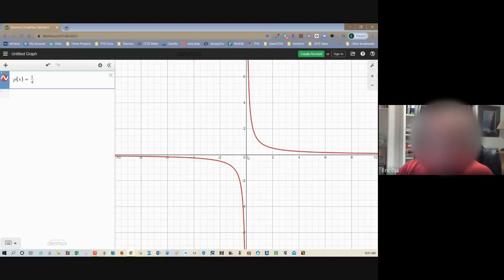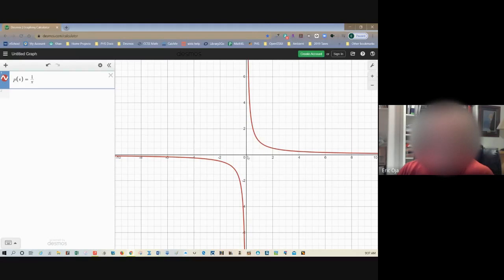And the most important point on the function is actually the point at 0, 0, because that's the intersection of the two asymptotes. And then it just goes through the point 1, 1, and it's got this reciprocal behavior where as x gets bigger, y gets smaller, and vice versa.